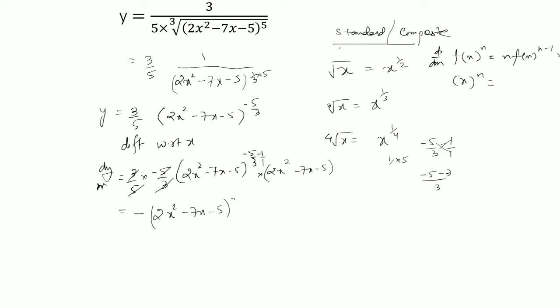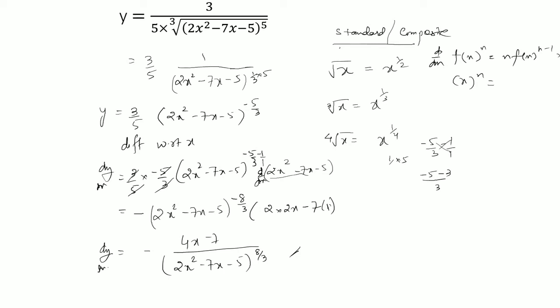That gives you minus 8 by 3 into, now sorry, here we need to write the derivative of this part. 2 is a constant that remains as it is, the derivative of x square is 2x, 7 is a constant as it is, the derivative of x is 1. So the last step would be, and now as you can observe this is minus 8 upon 3. If we move that to the denominator part, it becomes positive 8 by 3, and this 2 into 2 is 4x minus 7. This will be the answer for dy by dx.